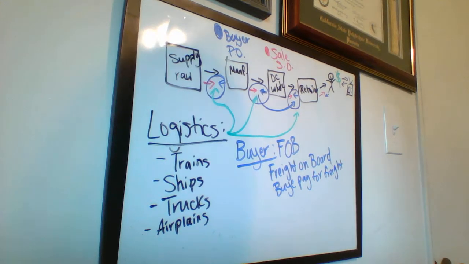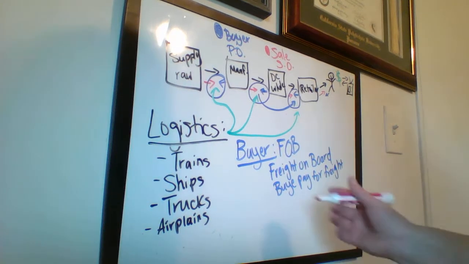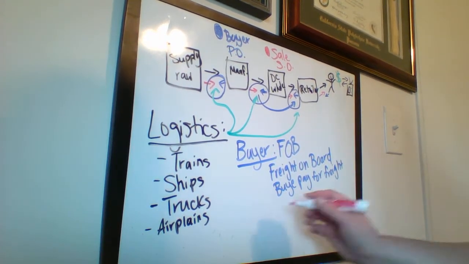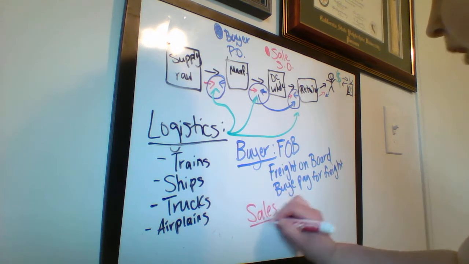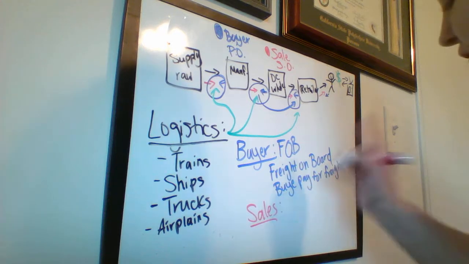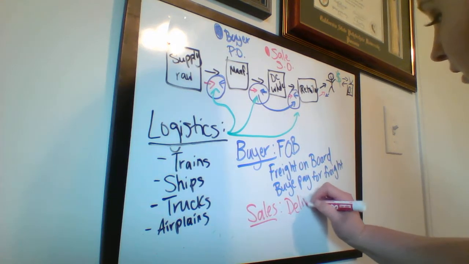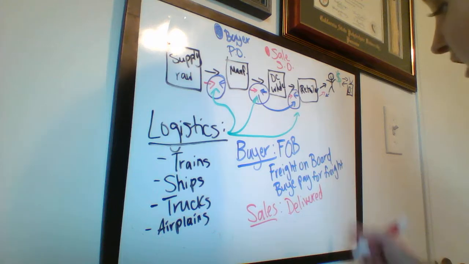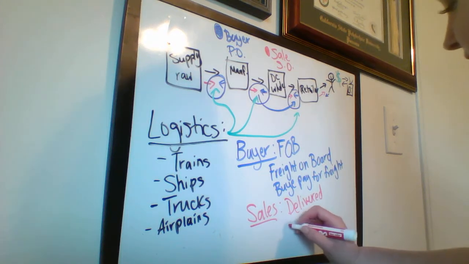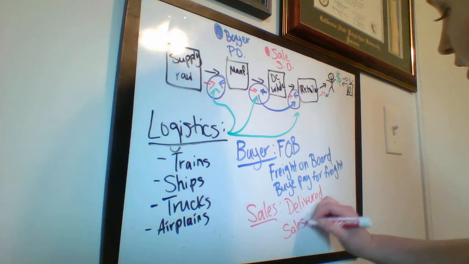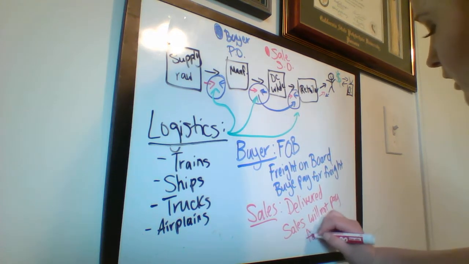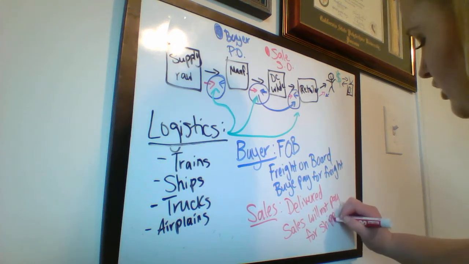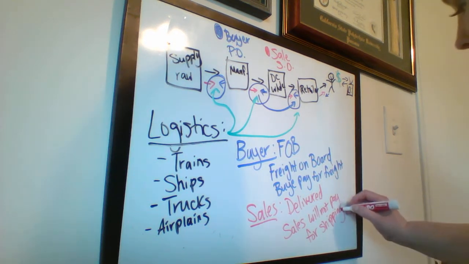A salesperson who initiates a sales order isn't going to request FOB. If you're a seller, sales requests logistical transportation in the form of delivered. Delivered basically means the buyer will not pay for shipping, because the price of shipping is already included in the purchase order.